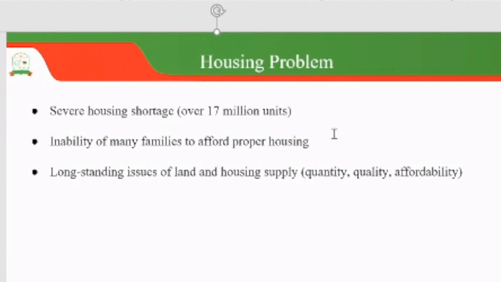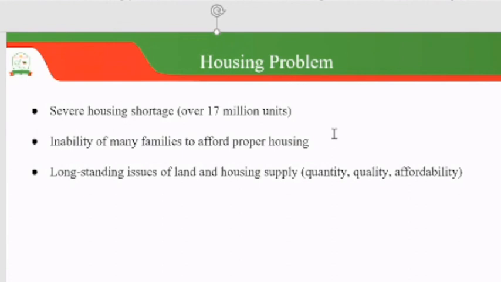And therefore, I encourage that you don't look at the housing problem in isolation, but in terms of how it affects demography. When I'm referring to demography, how does it affect the population composition?